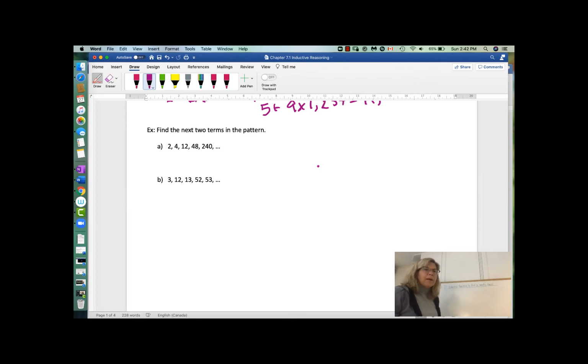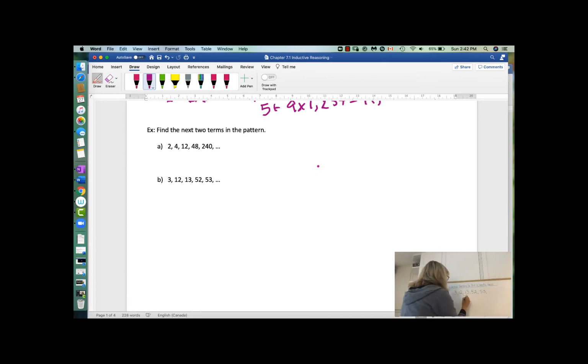Erase that. Okay, the next one is 3, 12, 13, 52, 53. Okay, what's next? Well, the first thing I noticed about this is that there's some in here, like 12 to 13, it's just adding 1.